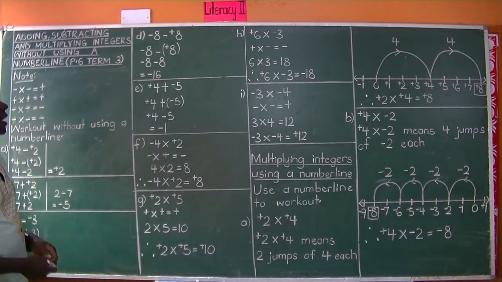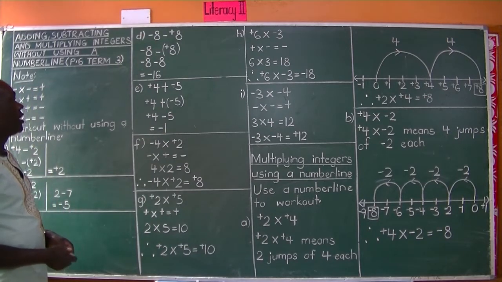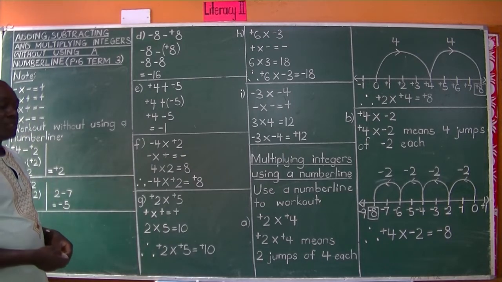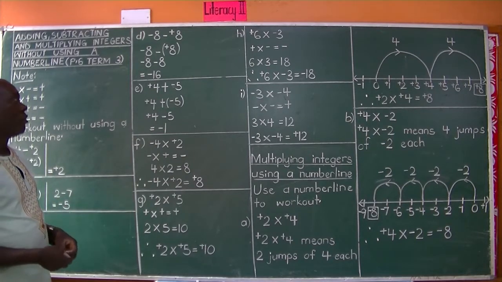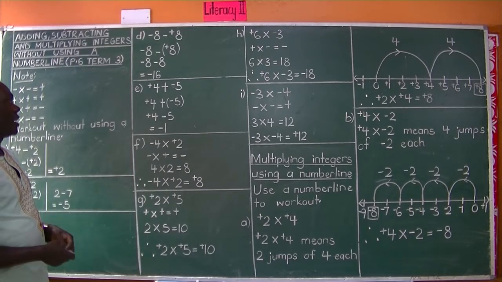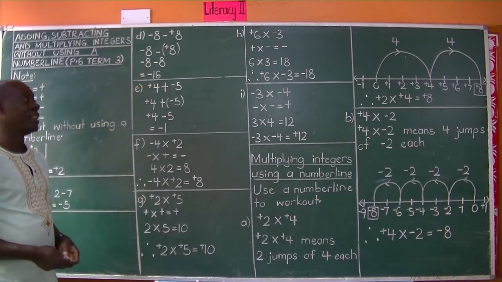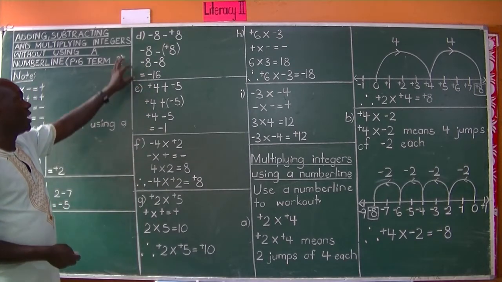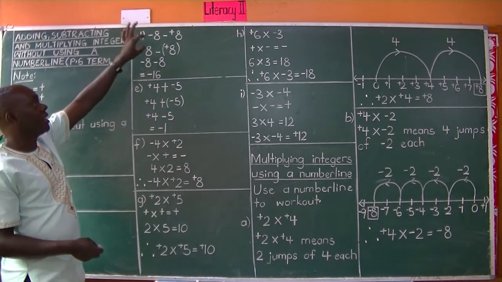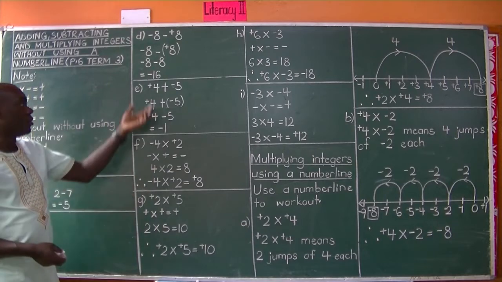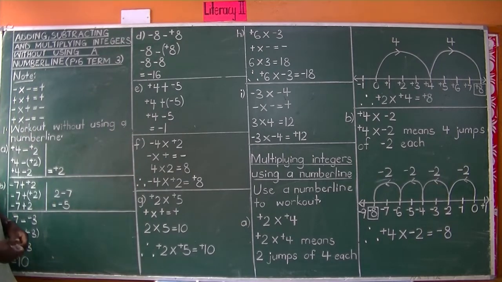So when you subtract from a negative, the negatives become many, they accumulate. So they are like adding. So the subtraction of an integer is like addition of that integer to a negative. So there you go. Negative 8 minus 8, you get negative 16. So it's like negative 8 and another negative 8. Together they make a total of negative 16. So that is the answer to that question.